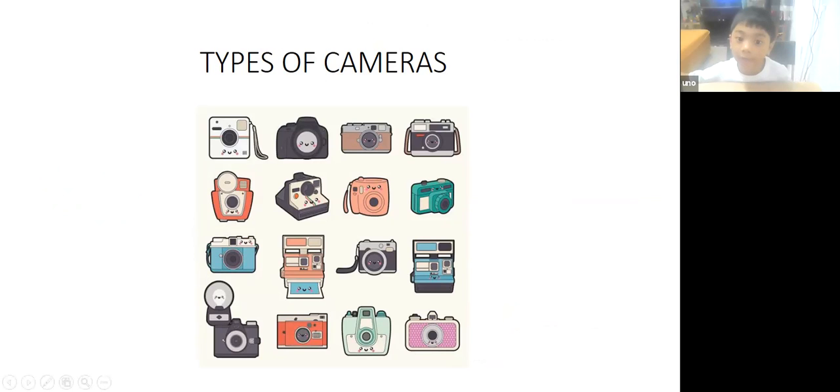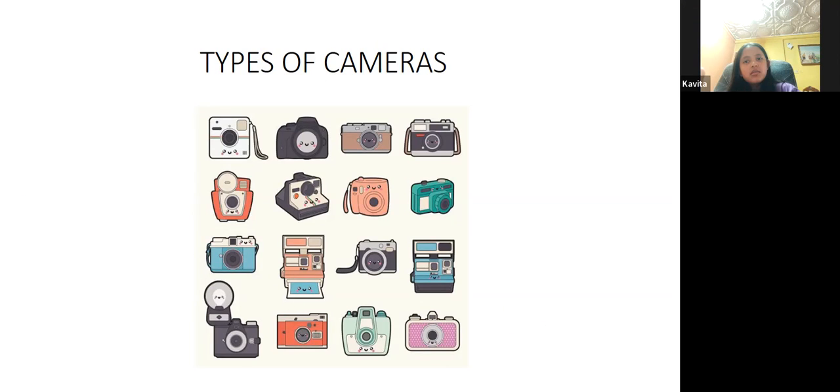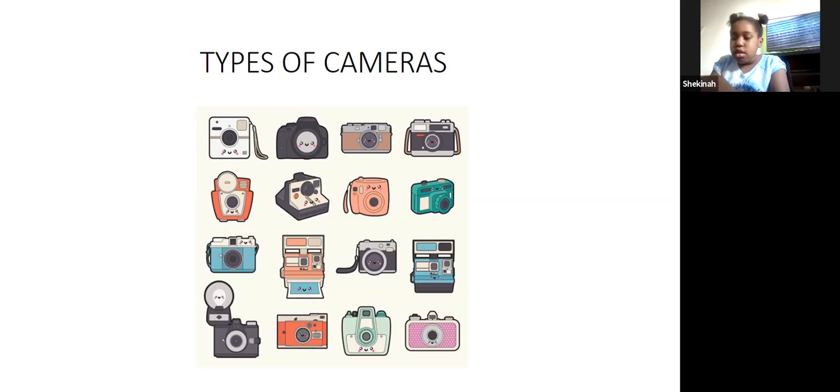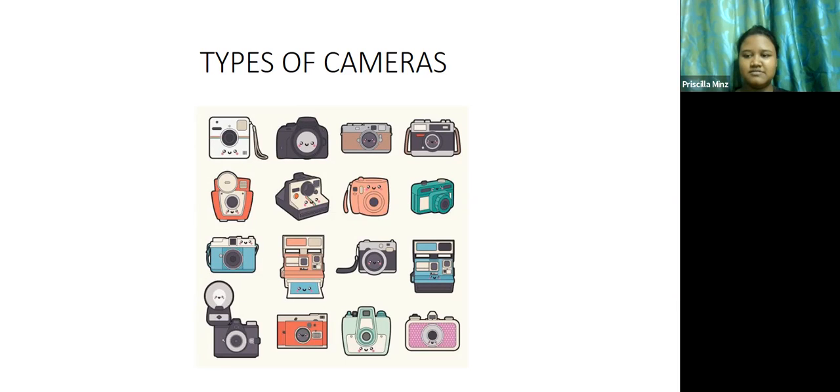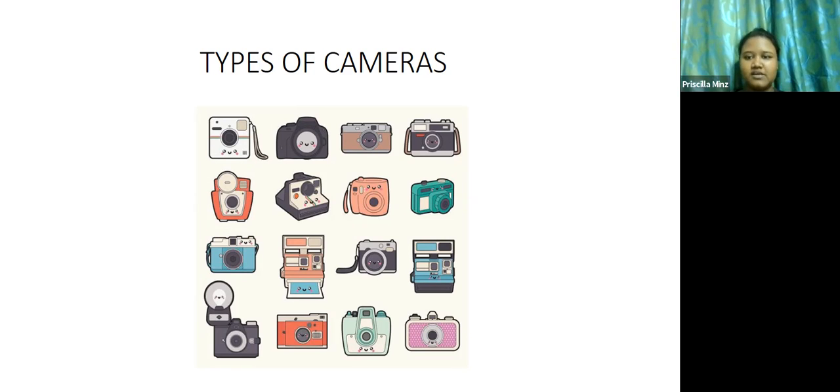Screen and viewfinder. Did anyone remember zoom? Yeah, I saw it. Yes. Okay. Zoom. All right. So we have 7 things that we learned that were parts of the cameras, and you have to remember them because in your worksheet, I've asked you to identify them. I've given you the picture and you have to identify them.